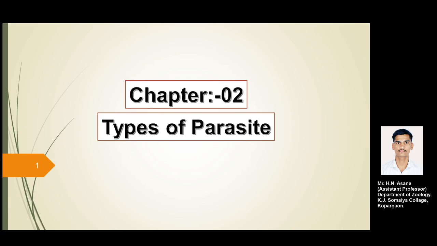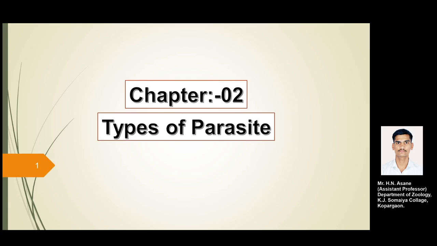As we all know, a parasite is a living organism. It may occur in animals as well as plants, but we are focusing on animal parasites. These parasites receive nourishment and shelter from the host.